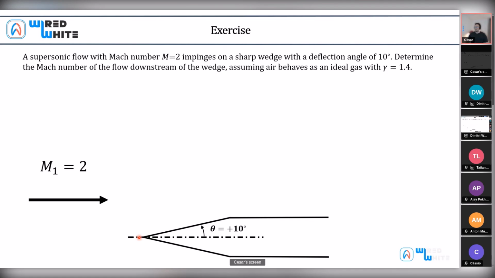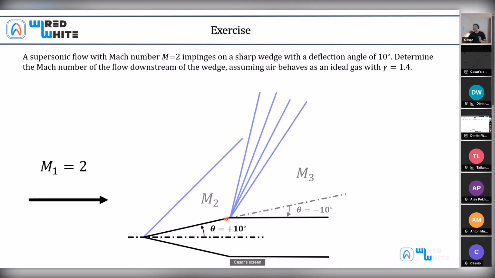Well, let's analyze the case. Basically, the flow is coming in this direction from left to right without any kind of deflection. And what occurs is that it is deflected 10 degrees upwards, right? So what do we expect to have there? We will expect to have a shock. And then once it reaches the end of the wedge, we will have the opposite effect.